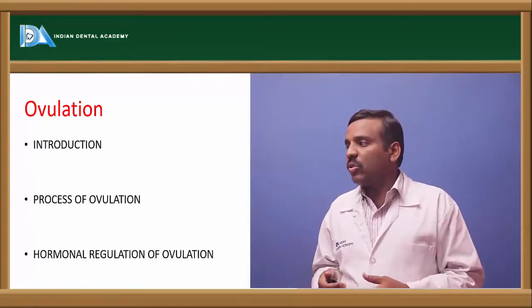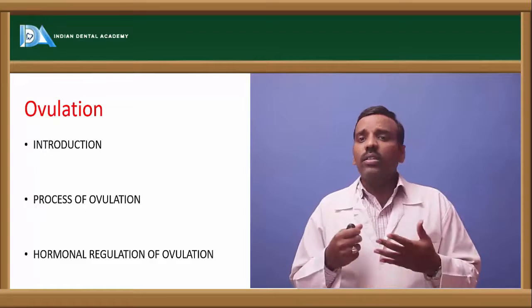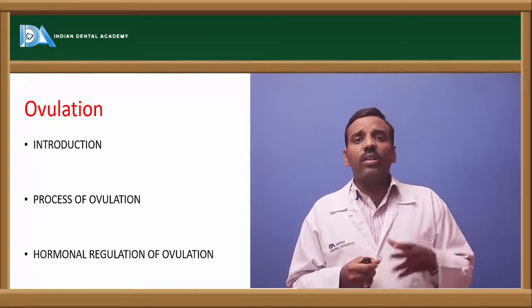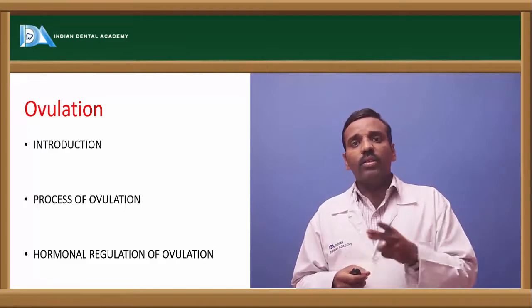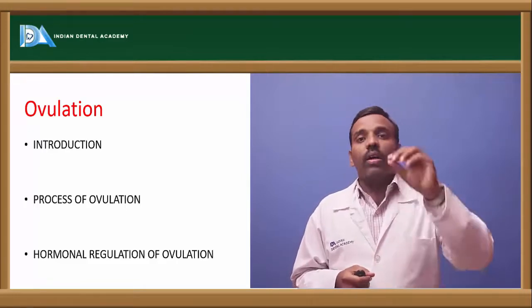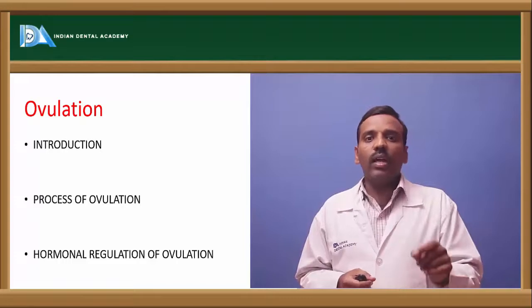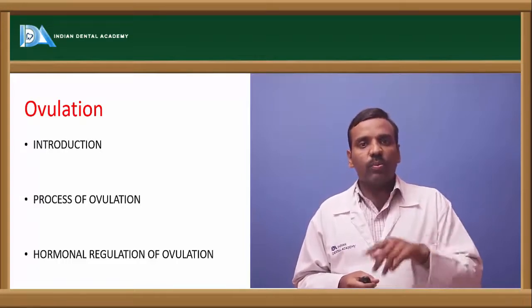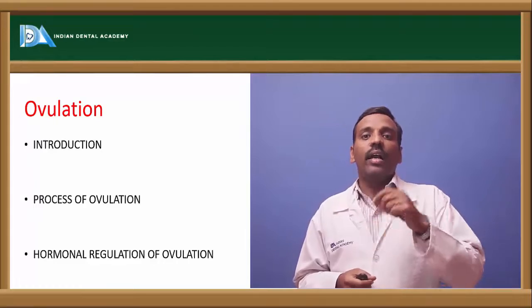And next, the hormonal regulation of ovulation. If you see this, from day 1 to day 14 there are estrogen and follicle stimulating hormone, and on the 14th day progesterone and LH.